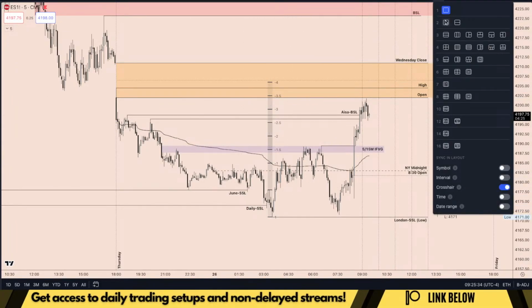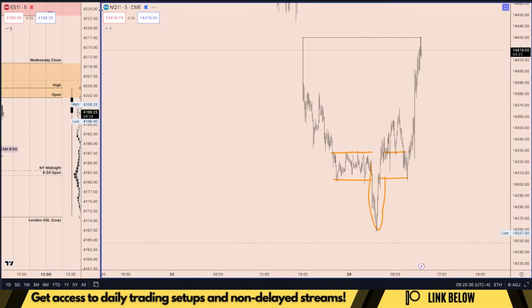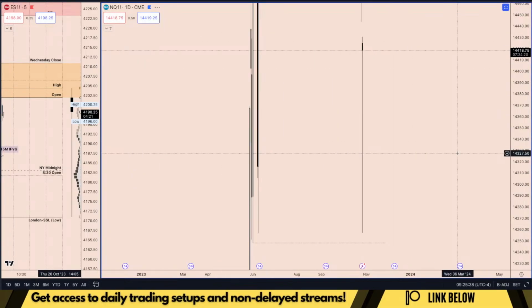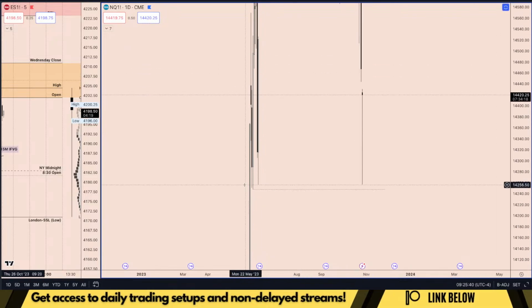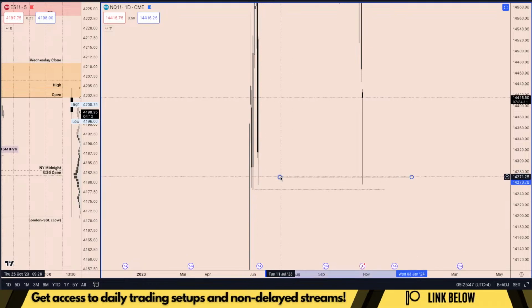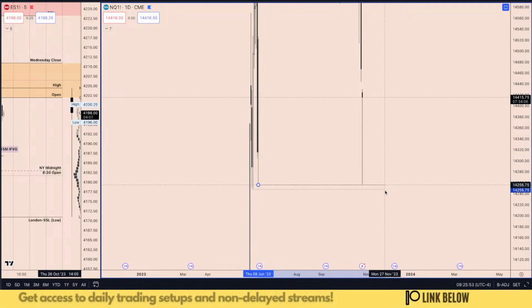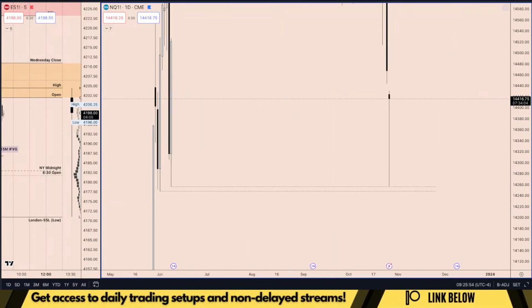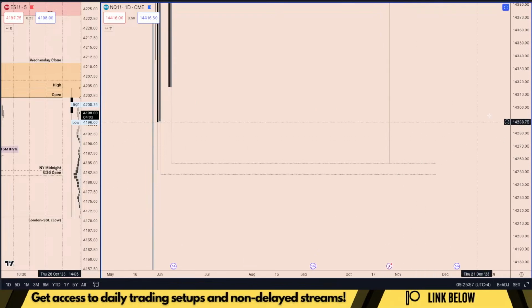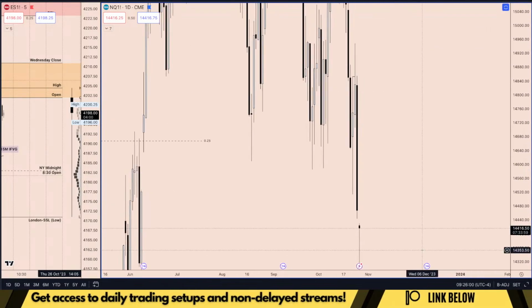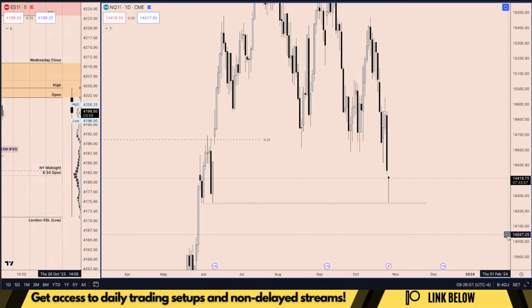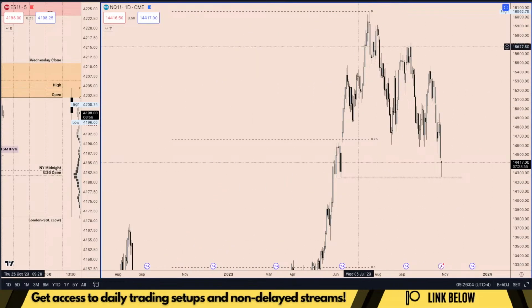Not sure what NQ did. I usually don't follow NQ on the higher time frame too much. NQ didn't sweep these two lows. Would you look at that? Perfect equal lows. One push, two push, three push.